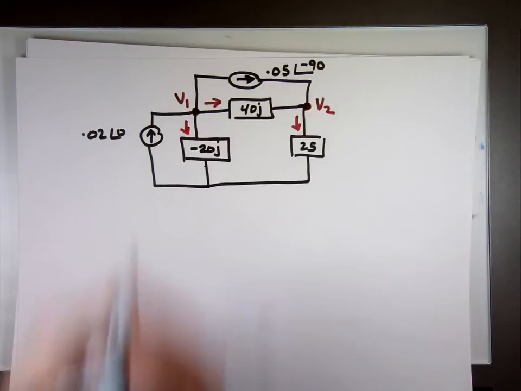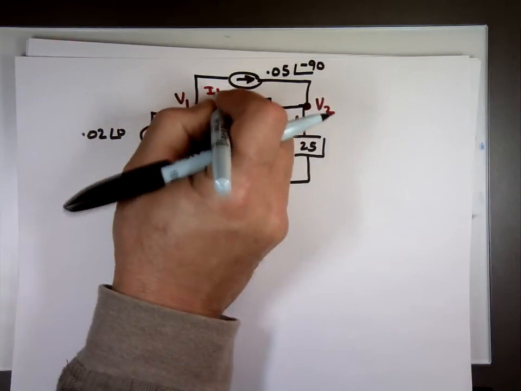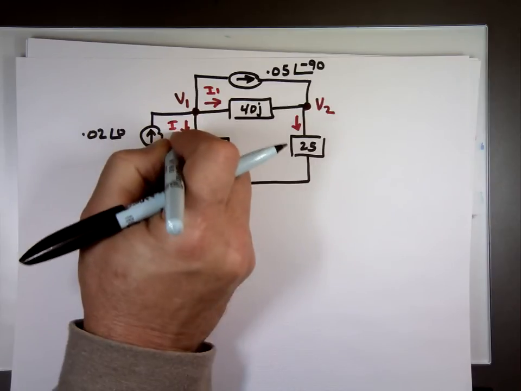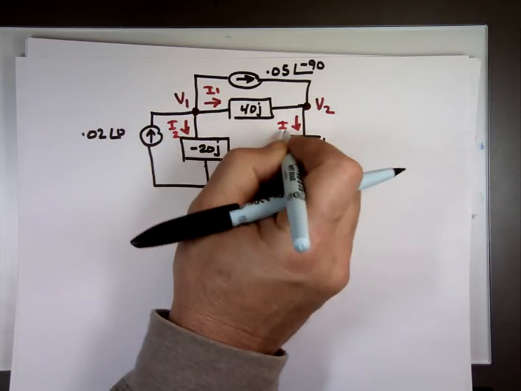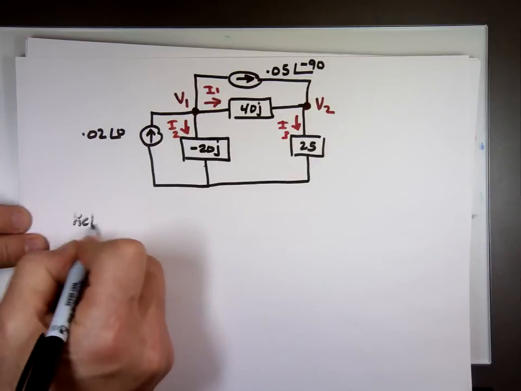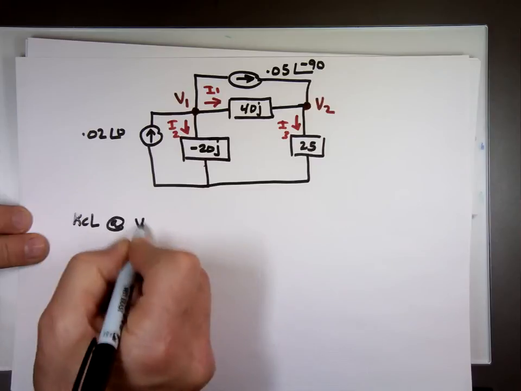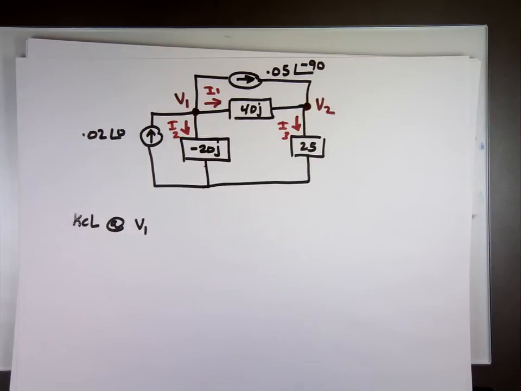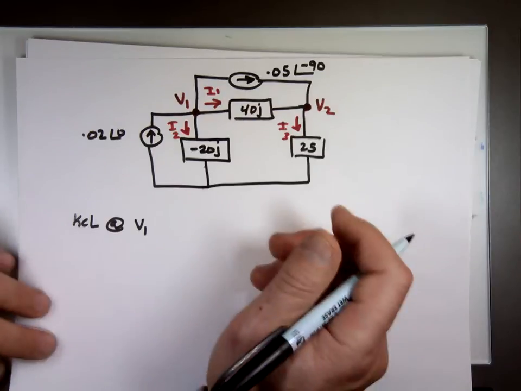Label that I1, I2, I3. KCL at V1. The current in equals the current out.